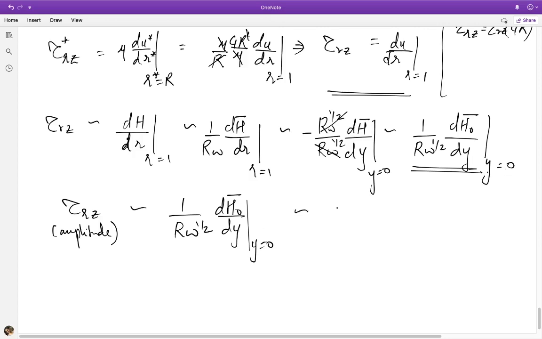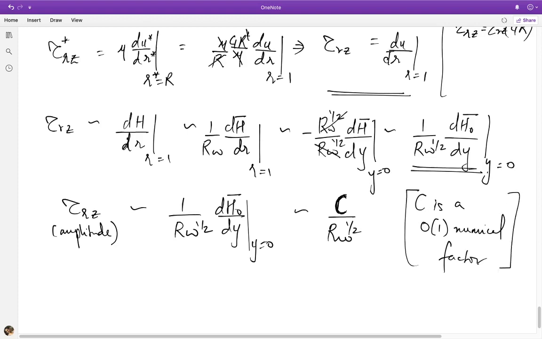So I can write this as 1 by Rw to the half times some constant C, where C is an order 1 numerical factor. So you see that even without solving the problem, setting up the whole asymptotic calculation has allowed us to predict how the wall shear stress will vary with the non-dimensional frequency in the limit of it being a large frequency.